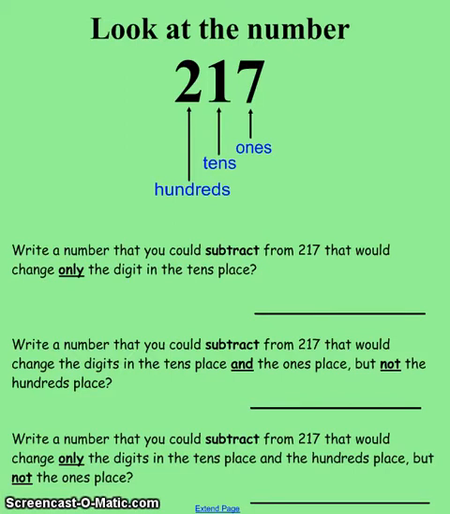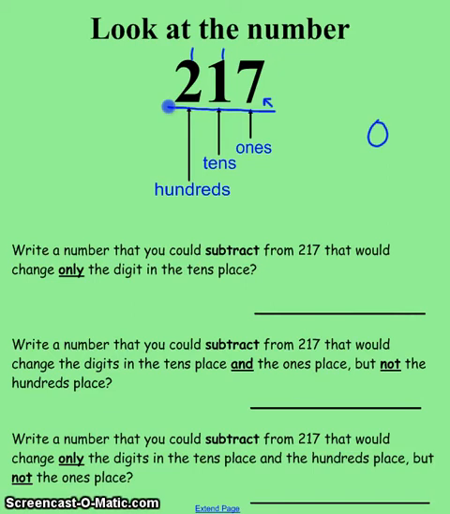So, in looking at the number 217, if you want to change the digits in the hundreds and the tens place, but not the ones place, you need to add or subtract a number that has a 0 in the place value that you want to remain the same.